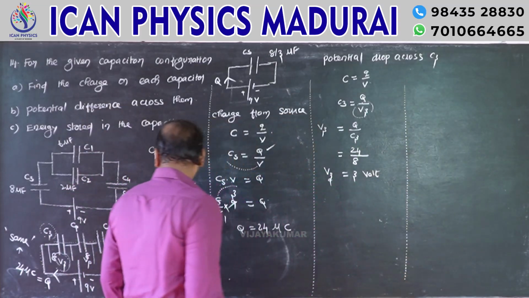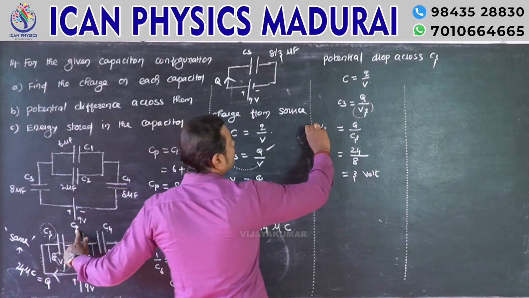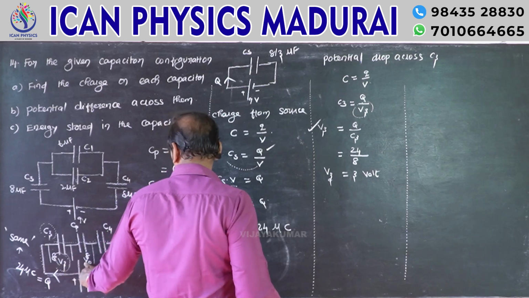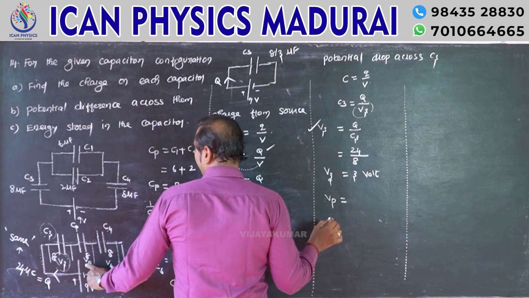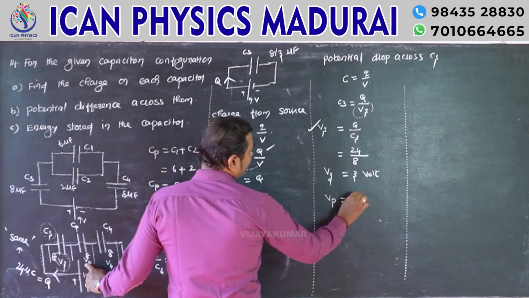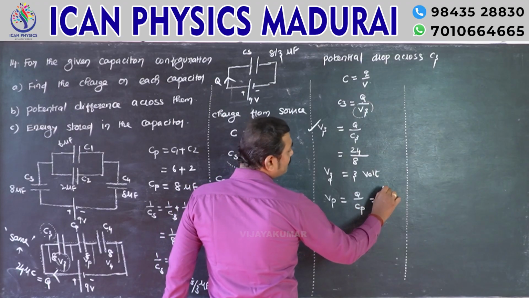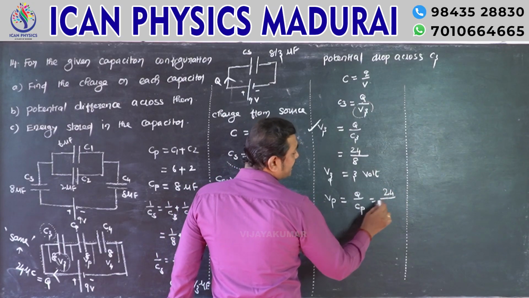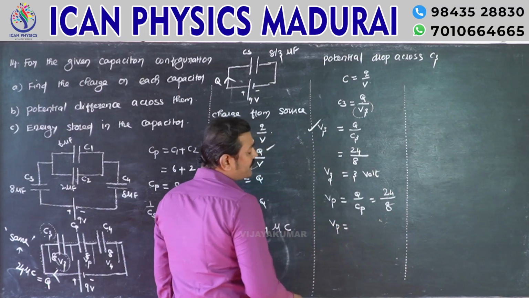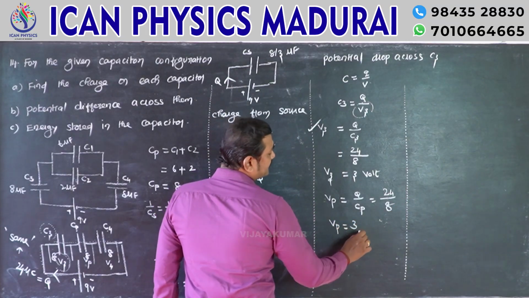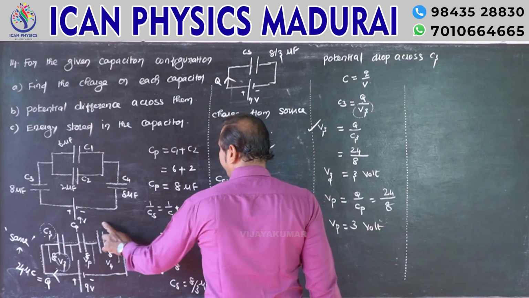Now we are going to calculate the potential drop across the Cp. So directly, Vp equals Q by Cp. The value of Q is 24, Cp is 8, so the potential drop across the parallel capacitors is 3 volt. Next, the third one, V4.